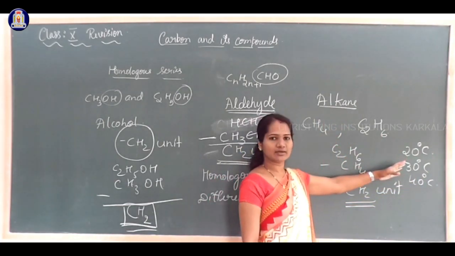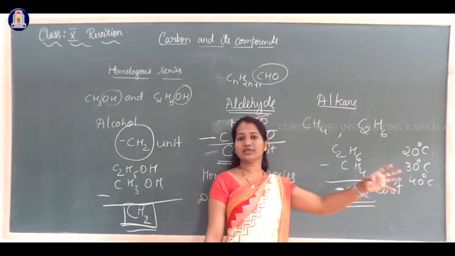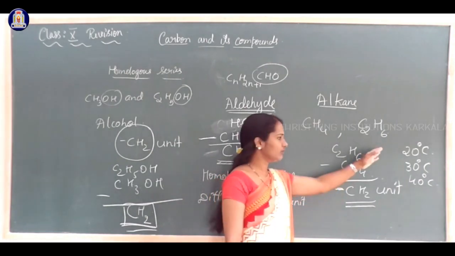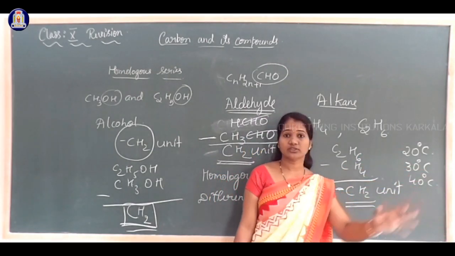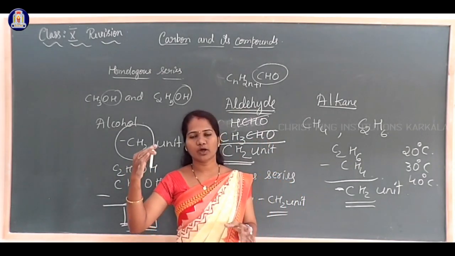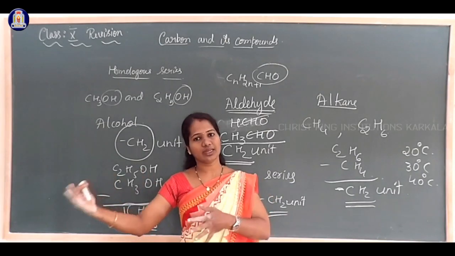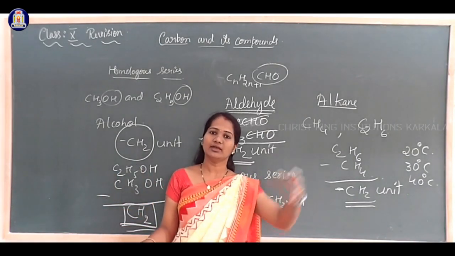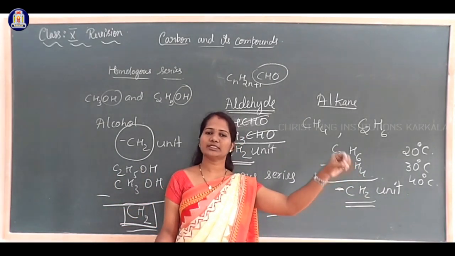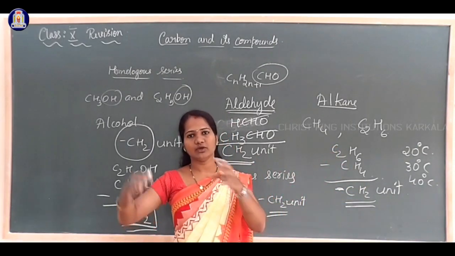The boiling point increases by 10 degrees Celsius: 20, 30, 40. Suppose in another compound the boiling point is 40, next 80, and so on. Or if the first compound has a boiling point of 5 degrees, next 10, 15, 20.